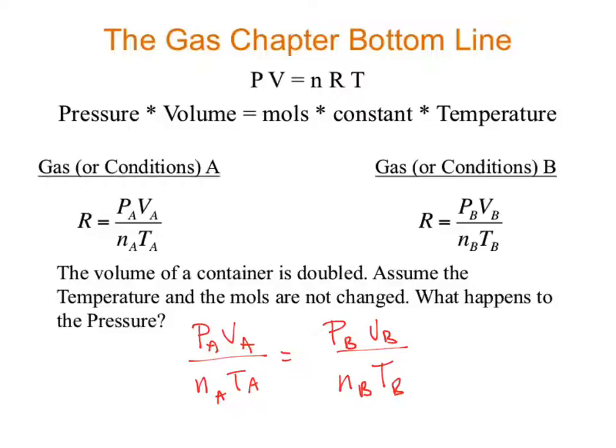Let's look at our equation. Are the moles different? No. So what does NA equal? NB. If I have 1 over 2 equals x over 2, what is x? 1, because I can cancel the 2's.